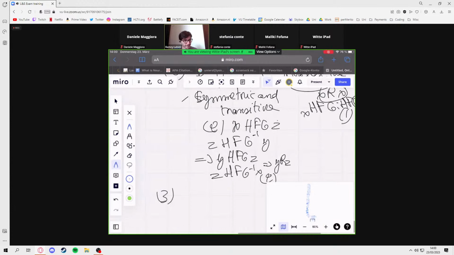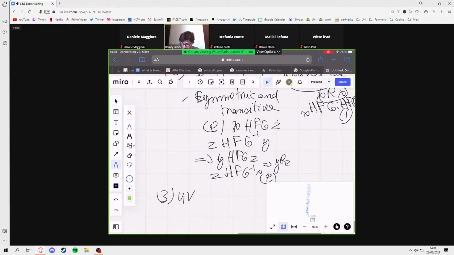And 3 is transitivity. So we suppose that we have a student with a relation to Y, and Y has a relation to Z. Then we know that there are grades U and V such that X has final grade U and U has final grade complement Y and Y has final grade V. So what I'm trying to say is basically you can translate it.